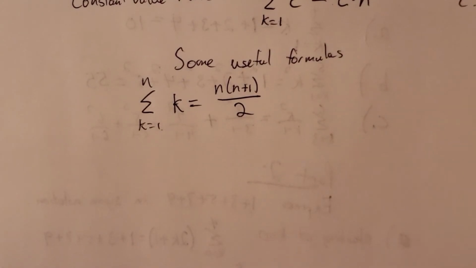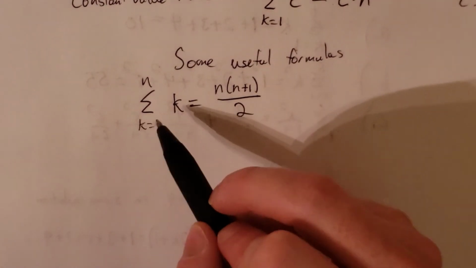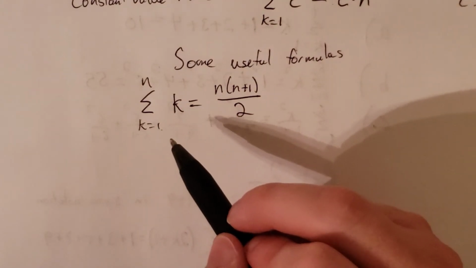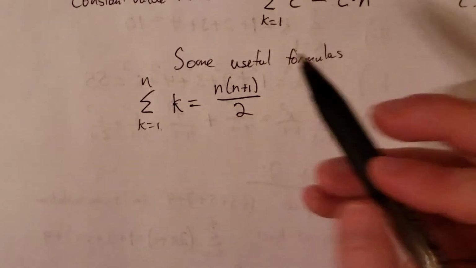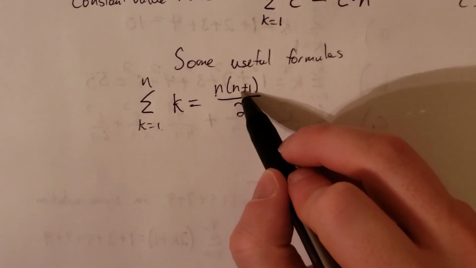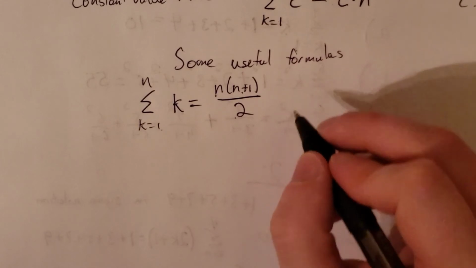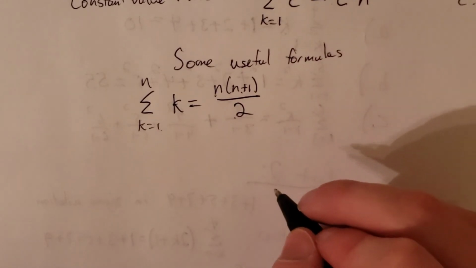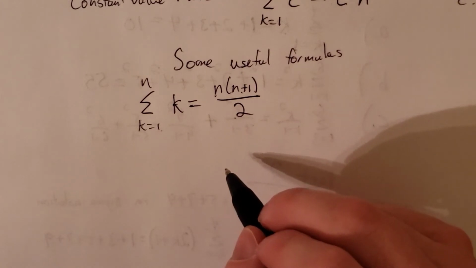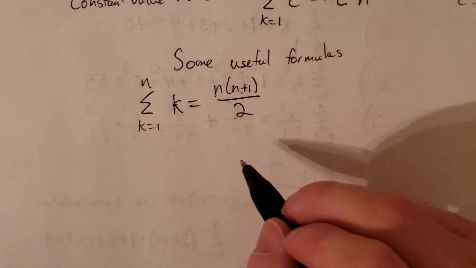In the previous video, we saw that the sum of the first 4 integers was 1 plus 2 plus 3 plus 4, which was 10. Well, what if we plug that into this formula? 4 times 5 is 20, divided by 2 is 10. So at least for this example, we see that that works. But we're going to leave the proof out of this video. The proof's not complicated.